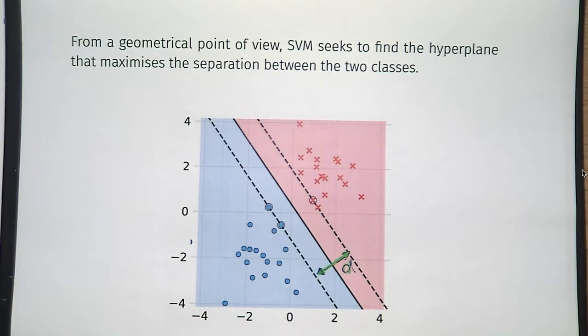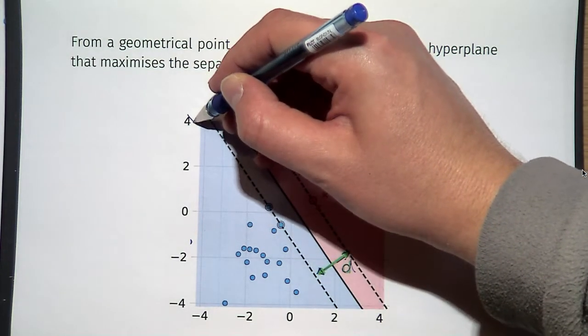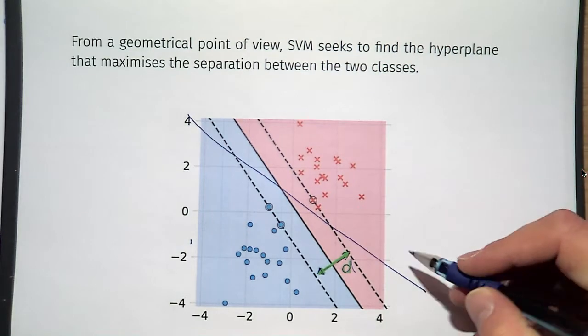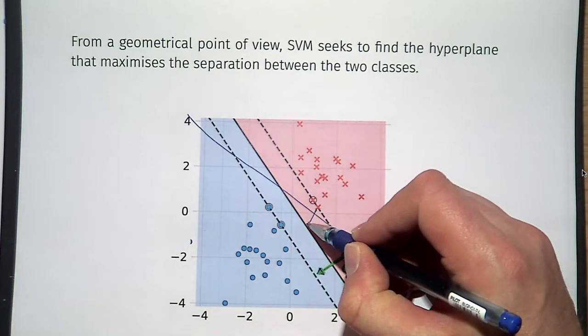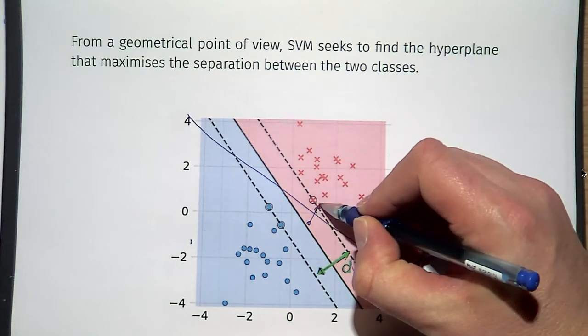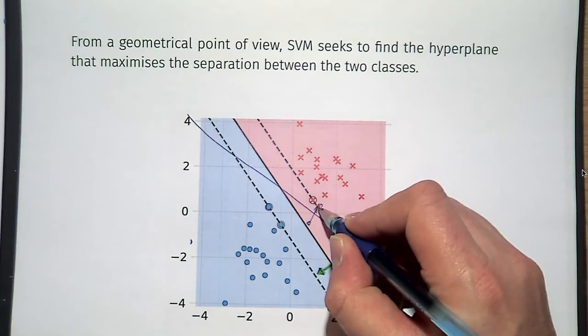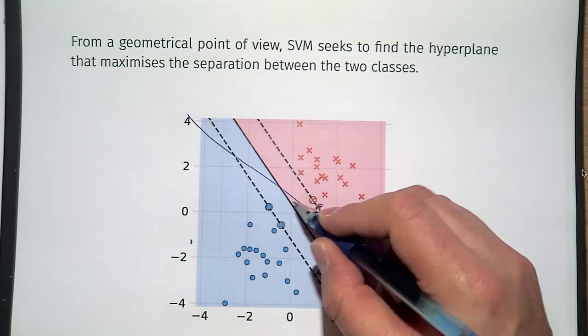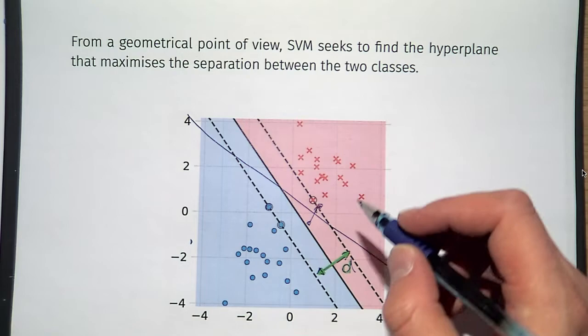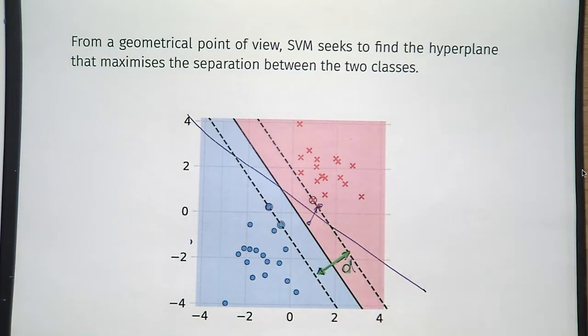To give you an example of a direction that doesn't maximize the gap, if I take this direction here, there's only that much of a difference between the first point here and the first point here. Okay? So the distance here between the class 1 and the class 0 is smaller than the distance between these classes.